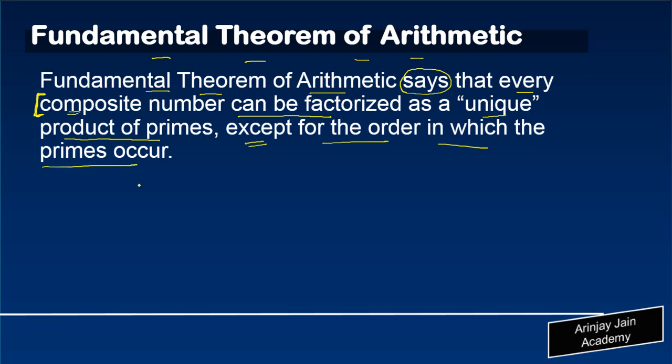Let's say we have a composite number 468, and I want to write this as a product of its primes. I will take two cases, which I will do by building a tree for prime factorization.